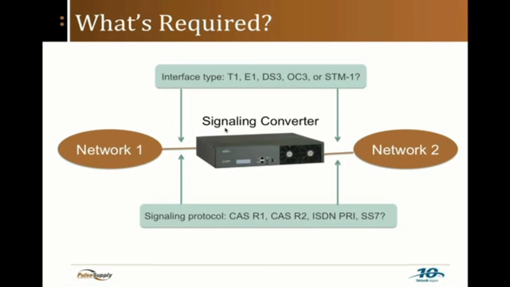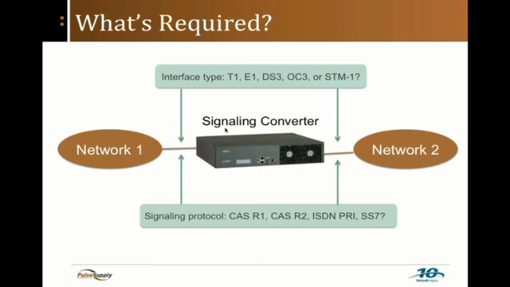So on this slide here, I'm showing a signaling converter, and specifically a Telcobridges device, which is connected to two networks, network 1 on the left-hand side, network 2 on the right-hand side. For some reason these two networks are incompatible, either because they don't support the same physical interfaces, or they don't support the same signaling protocols.